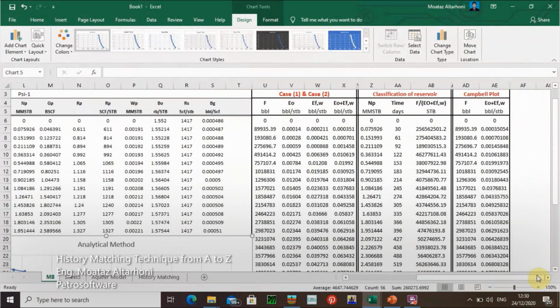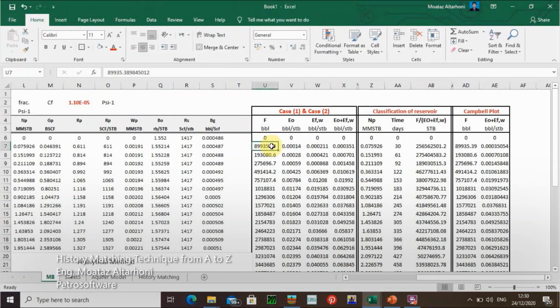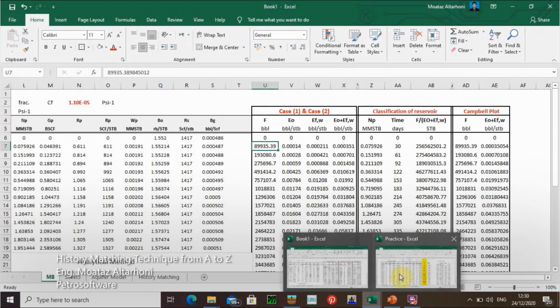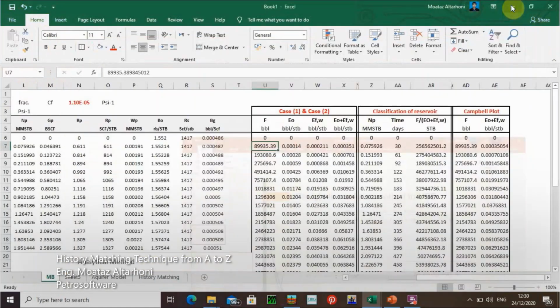Okay, now I need to use the first case. Here I used the same equation for if I calculated here. You can use it from this equation. You have cumulative oil and oil formation volume factor and RB and RS, and you have water production. And this for expansion of oil.